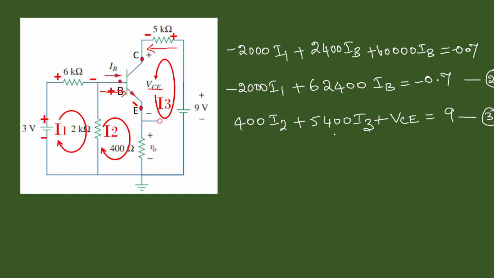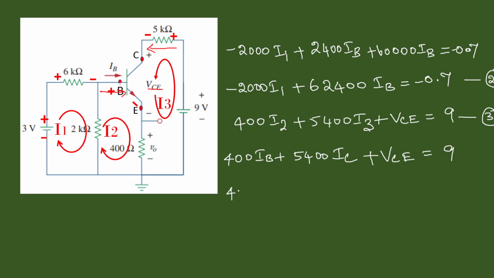Minus 400 I2 plus 5400 I3 plus VCE is equal to 9. That is our third equation. In this, I3 can be replaced by IC and I2 can be replaced by IB, isn't it? So it is 400 IB plus 5400 IC plus VCE, that is equal to 9.